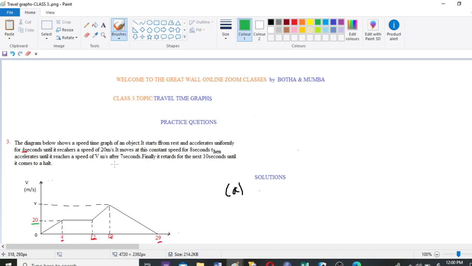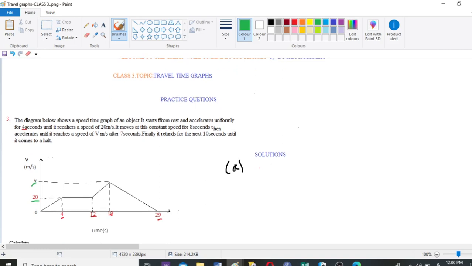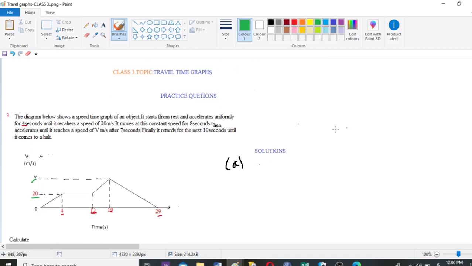And then it moves at this constant speed for a further 8 seconds and then accelerates until it reaches a speed of v meters per second, after 7 seconds, and finally it retards for the next 10 seconds. So there it comes again to its resting point.